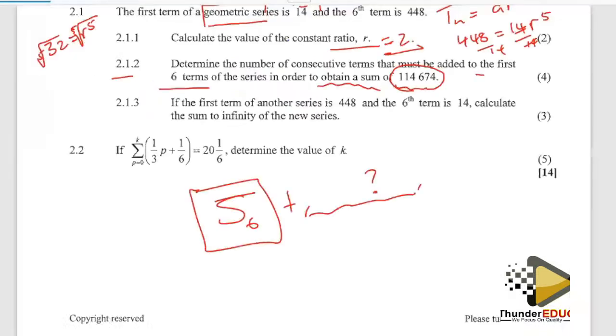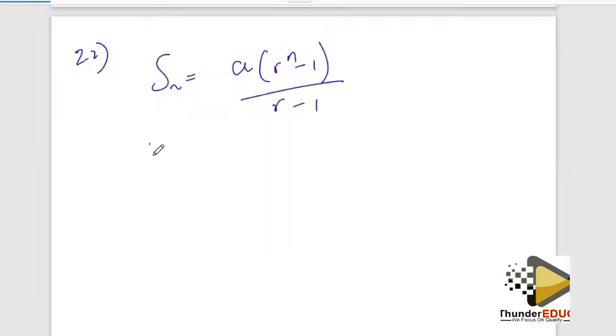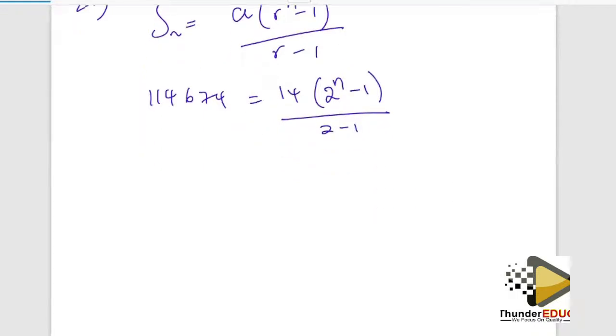So we've been given the sum as 114,674. We know that our first term is 14. Our common ratio was 2, so 2 to the n minus 1, over 2 minus 1.